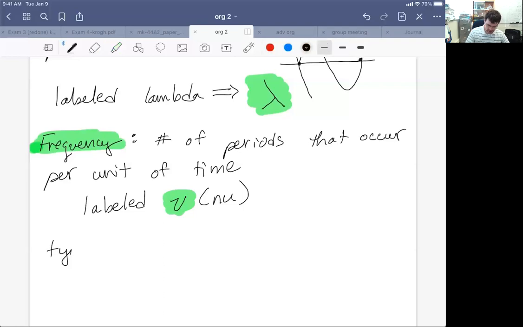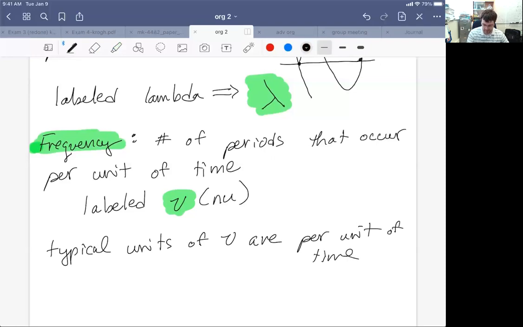So the typical units for nu are per unit of time. So it's 1 over time. Now those are the units.